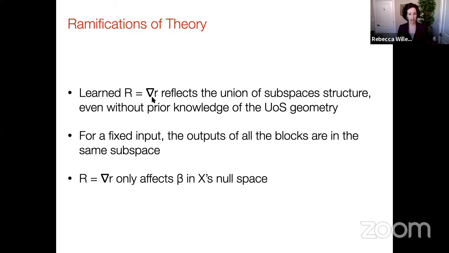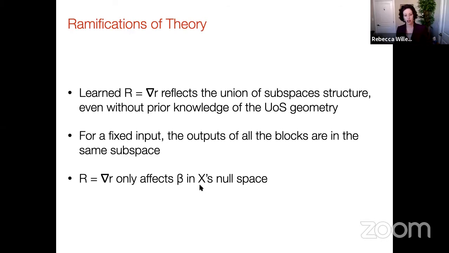In addition, for a fixed input, the outputs of all the blocks are in the same subspace. And finally, the gradient of the regularizer is only going to affect our image beta in the null space of our forward model X. Okay, so those are the three claims that arise from this theoretical investigation.